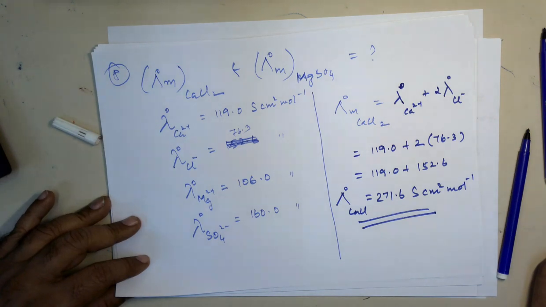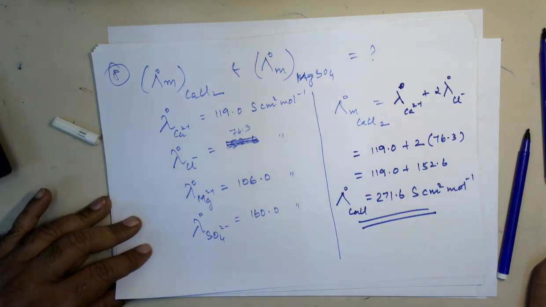Similarly, you can try other Kohlrausch-based problems. Finally, we will be discussing batteries. Let us discuss that in the next class.